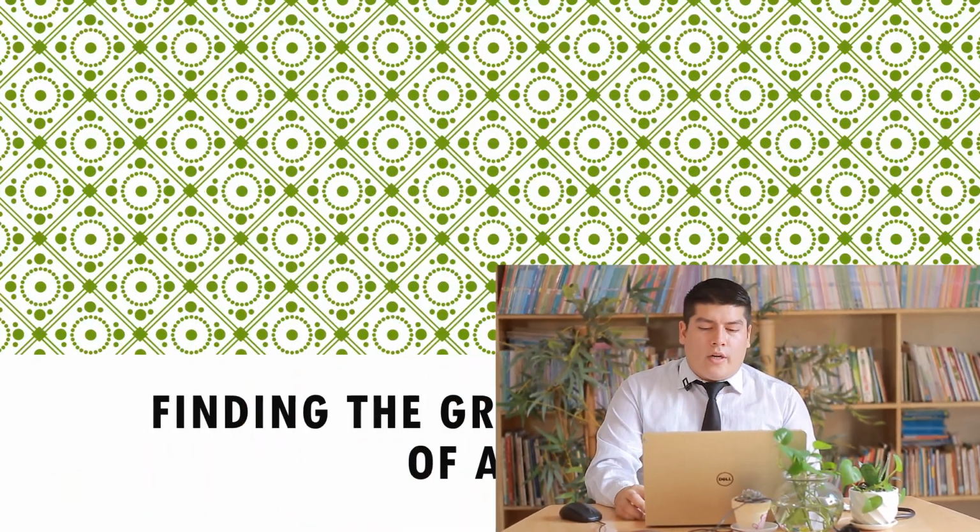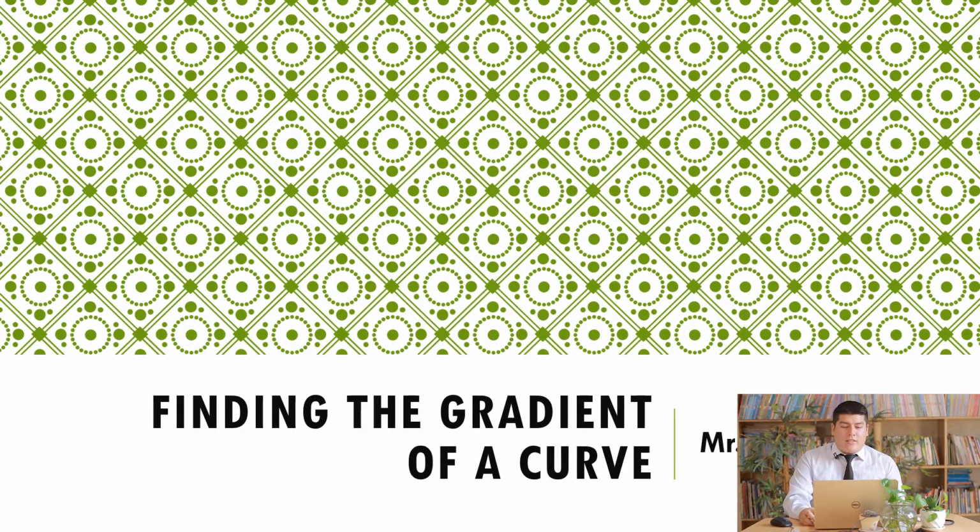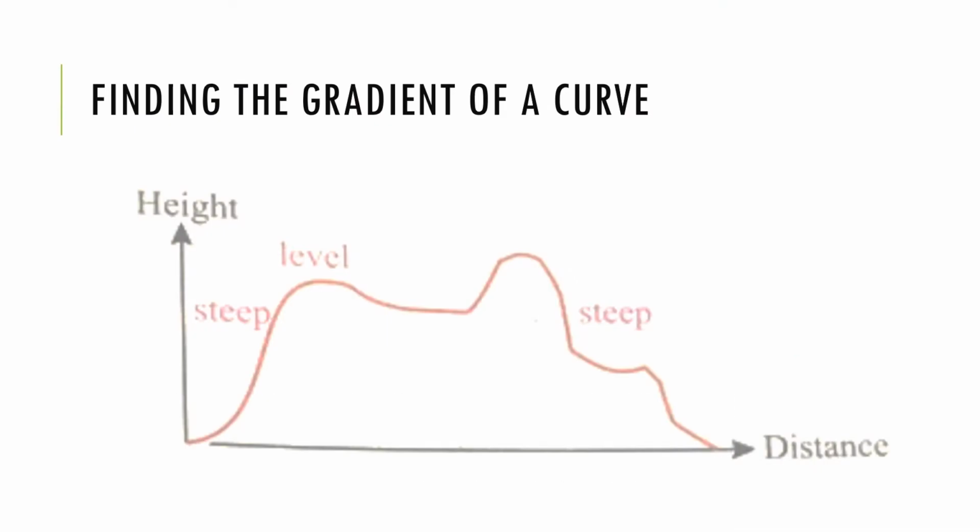We are going to work on finding the gradient of a curve. First of all, what is a gradient? If we go back to the book, chapter number 10, we will understand that the gradient tells you how steep the line is. So, to find the gradient of a curve, we need to understand what a gradient is.